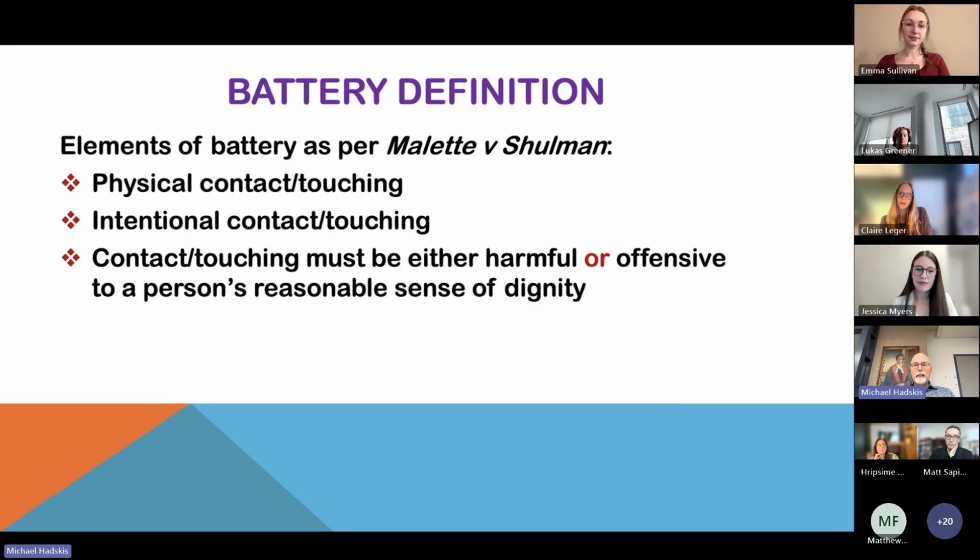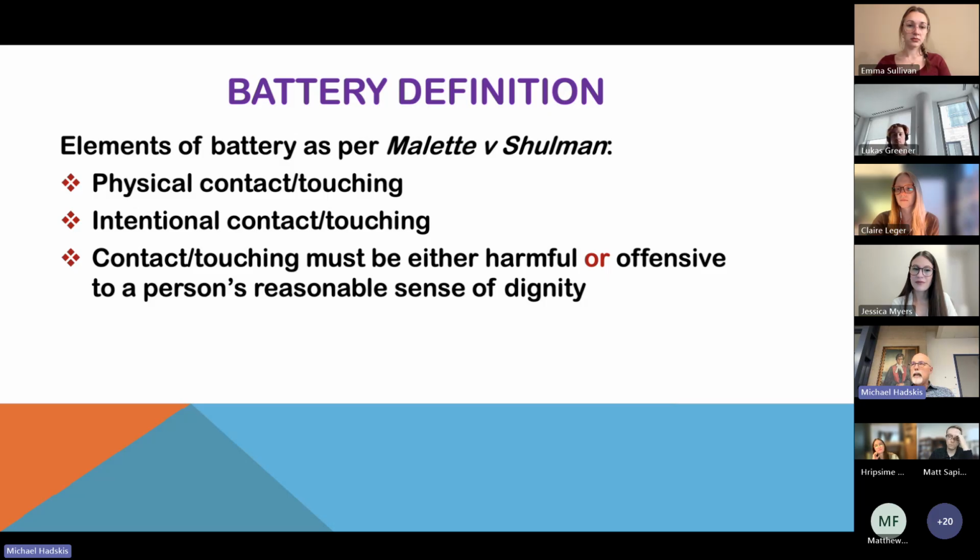The last element, I know there was a split among you in terms of whether that last element would be satisfied. The contact or touching must be either harmful or offensive to a person's reasonable sense of dignity. Harmful, as someone had noted, cigarette smoke can be harmful. It is a known carcinogen.